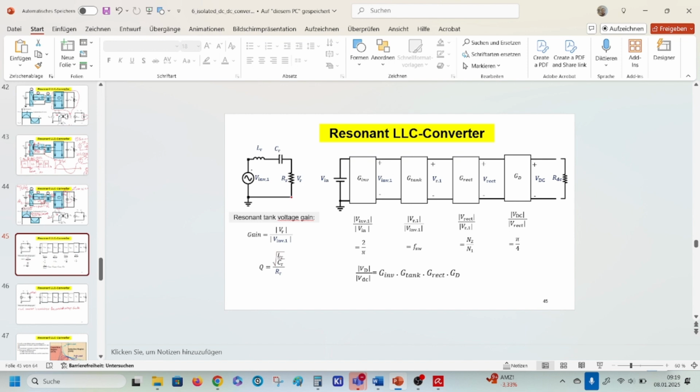The gain is the whole steps that are individually taken, the gains of the individual stages multiplied with each other.